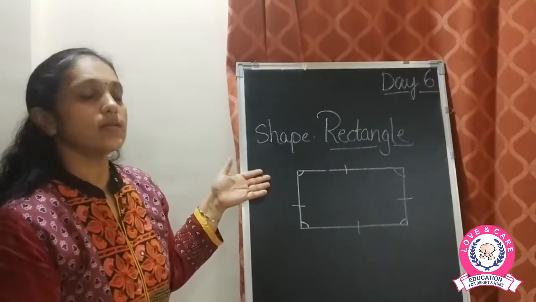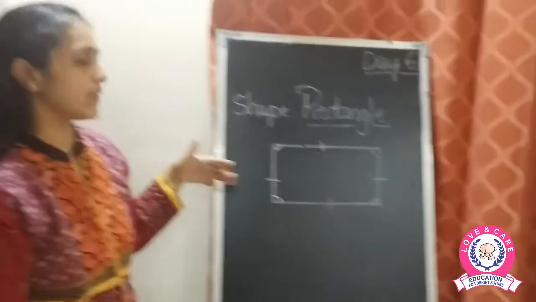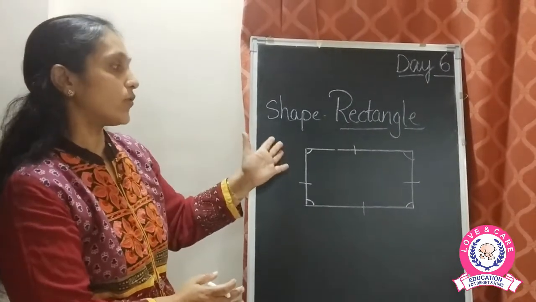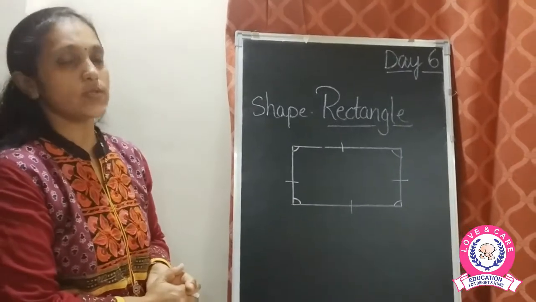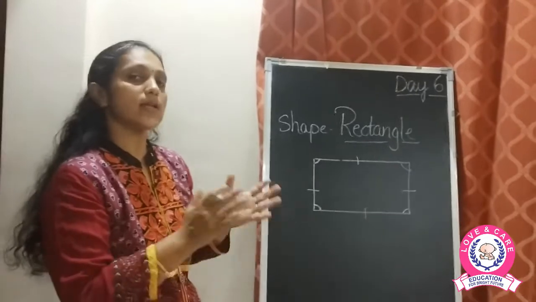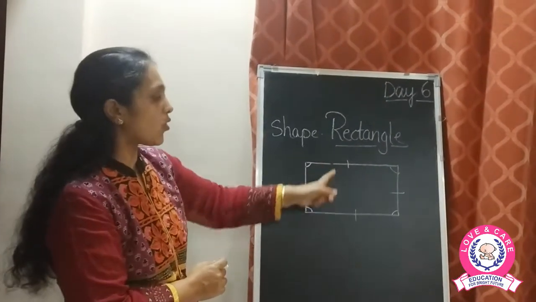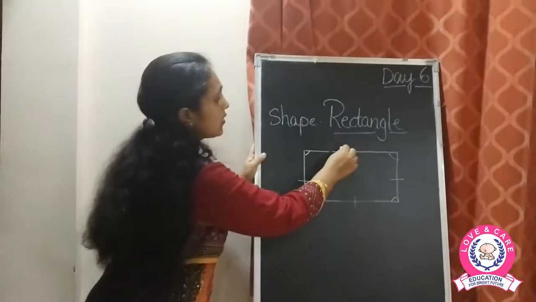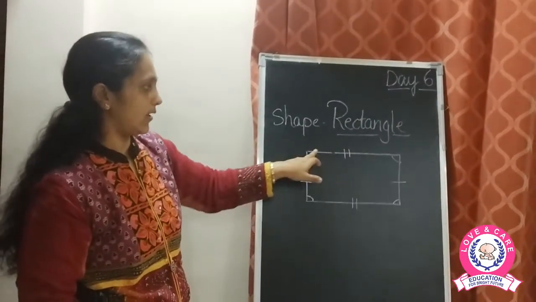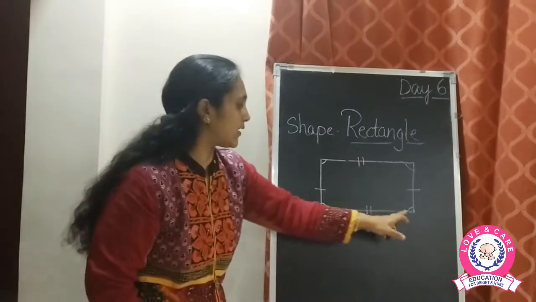Now what is the difference between the rectangle and the square? Now in the rectangle there are 4 sides. In the square also we have 4 sides. But in the square all the 4 sides are same. 4 lines are same in size. But in a rectangle the 2 opposite sides are same. So this line and this line are same in size. ये वाली line और ये वाली line same होती है.